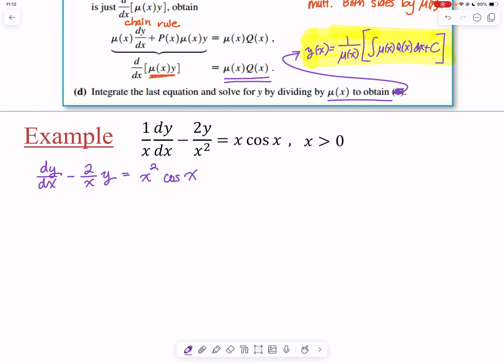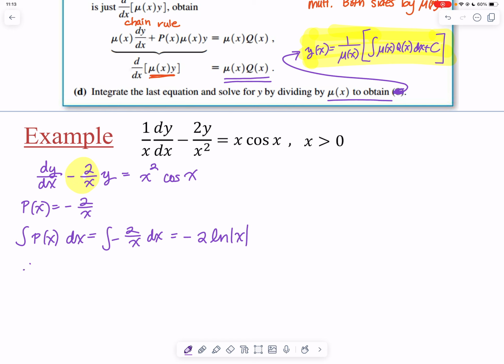So now we can see here what p of x is equal to. So as you can see here, we have p of x is equal to the opposite of 2 over x. So we will integrate p of x dx, which is the integral of negative 2 over x dx, and we come up with negative 2 multiplied by the natural log of the absolute value of x.